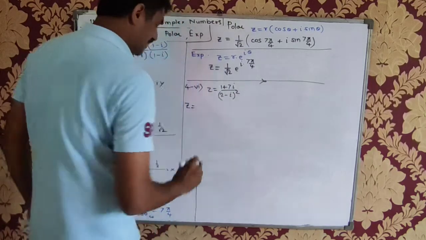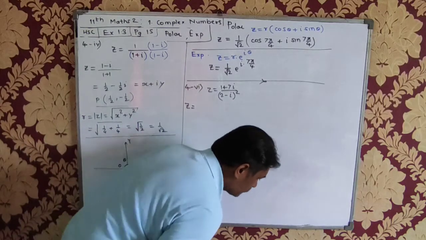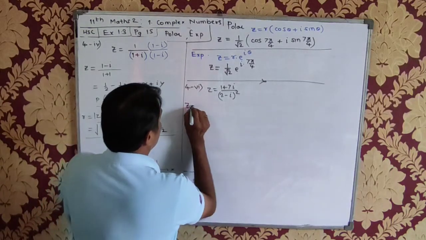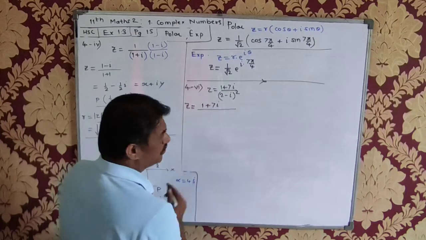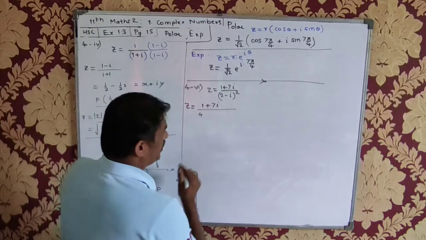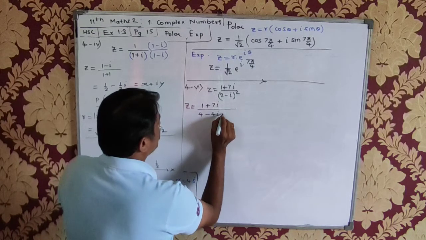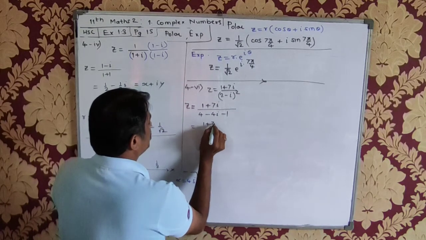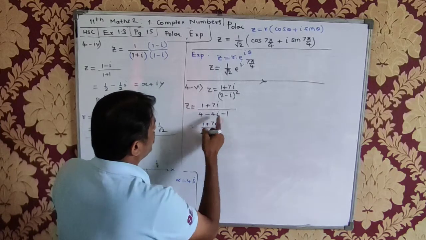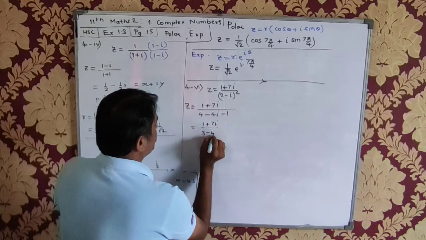Let's do it. That is equal to 1 plus 7i upon the square of 2 minus i: 4 minus 4i plus i square, which is minus 1. So this is 1 plus 7i upon 4 minus 1, that is 3 minus 4i.